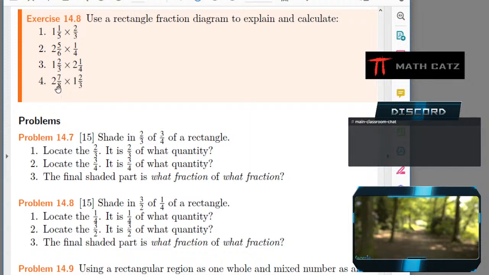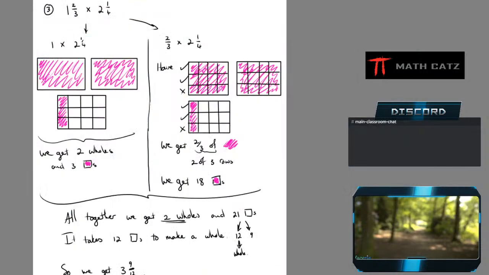It just takes time. But the concept of what we're doing here is not really new. I just have to realize that with a mixed number as the first one in my multiplication, the intuitive understanding of the instructions comes in two parts, and I have to split it up accordingly.